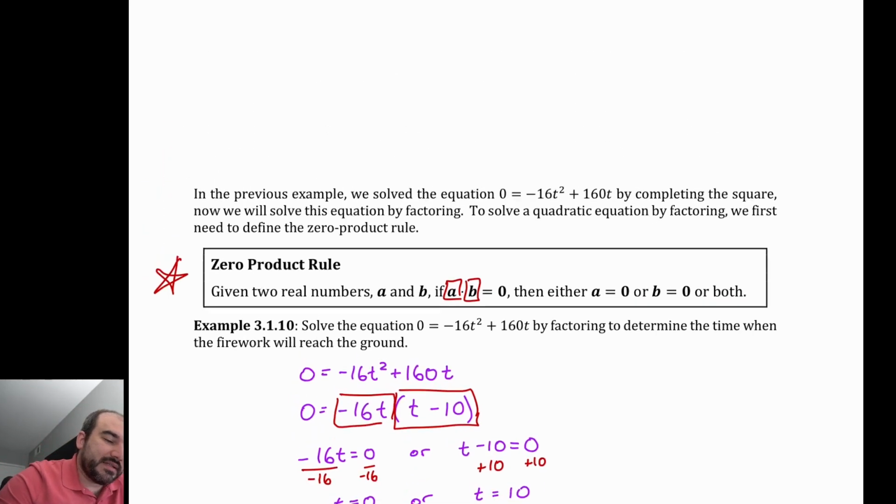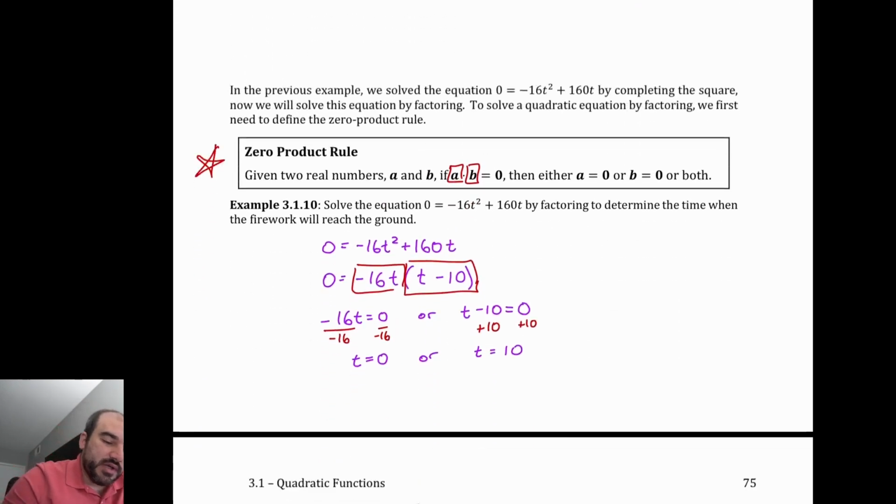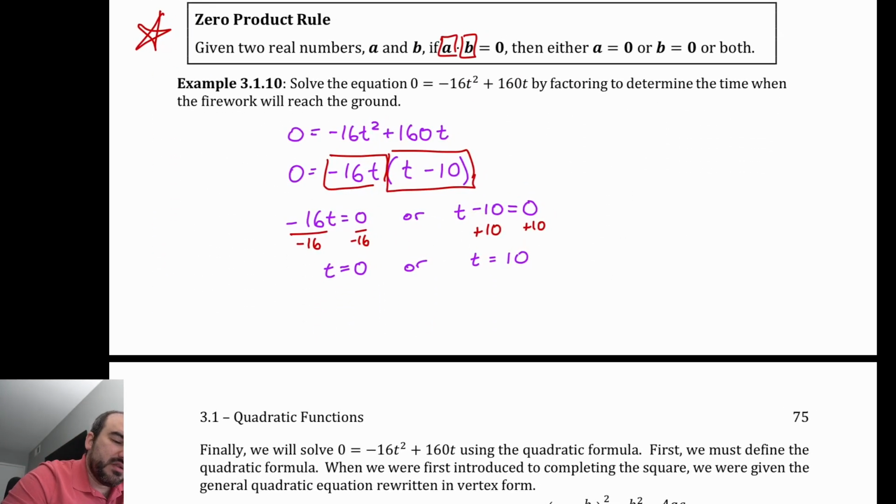So in the context of the equation, if we look back up here, remember this was the height of a firework, and t was time in seconds after it's launched off the ground. So this is essentially solving the time when the firework is on the ground. It makes sense that we have two answers because the firework starts on the ground at time 0. So this is representing before launch, right?